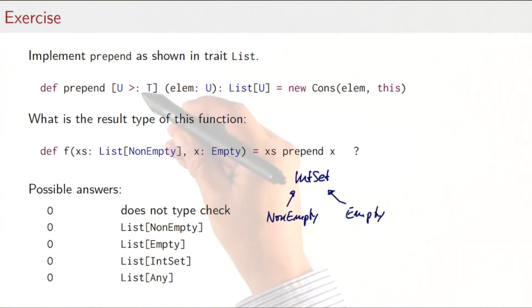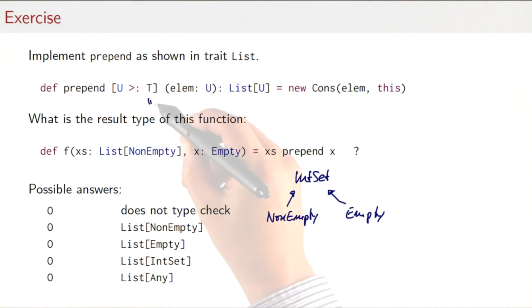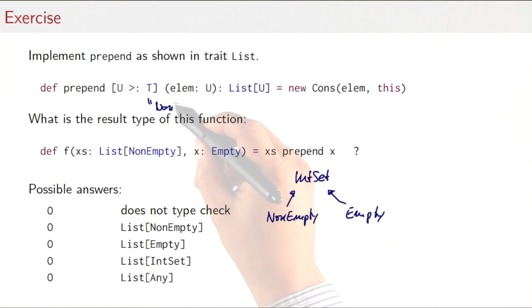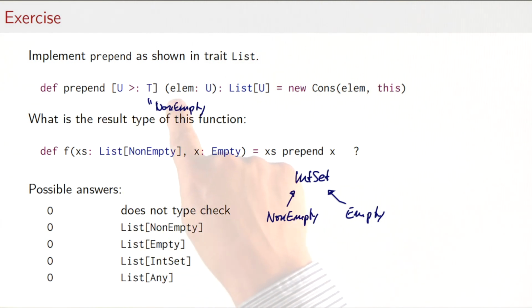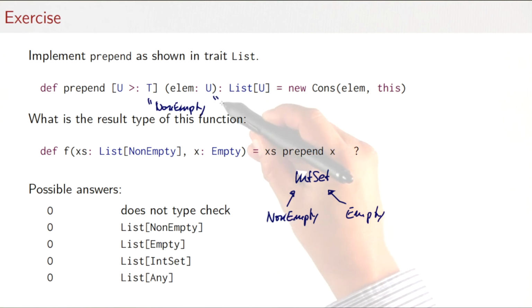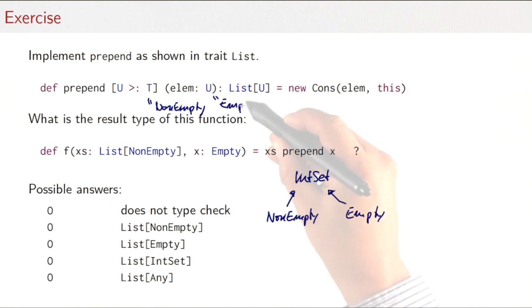So T in this case for the prepend method, that is NonEmpty. That was the parameter of the list. But U takes a type parameter which can be an arbitrary supertype of NonEmpty. And one thing that must happen with this supertype is that x is an instance of the supertype. So x, the type U, that is Empty, because that's the type of the x that we pass to prepend.